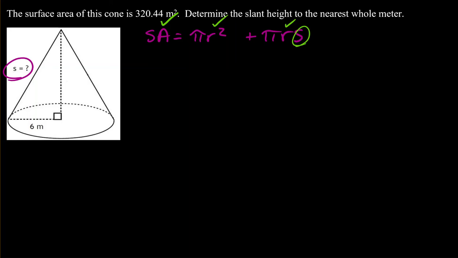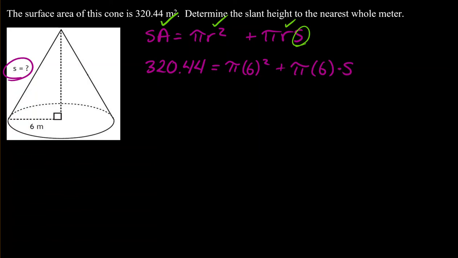I'm going to toss in the values for my radius right now, but because pi is an irrational number, I'm going to leave pi out for a second. So let's toss in the values that we do know. Surface area is 320.44, pi r squared, so r is 6 squared, plus pi times r, which is 6 again, multiplied by s.